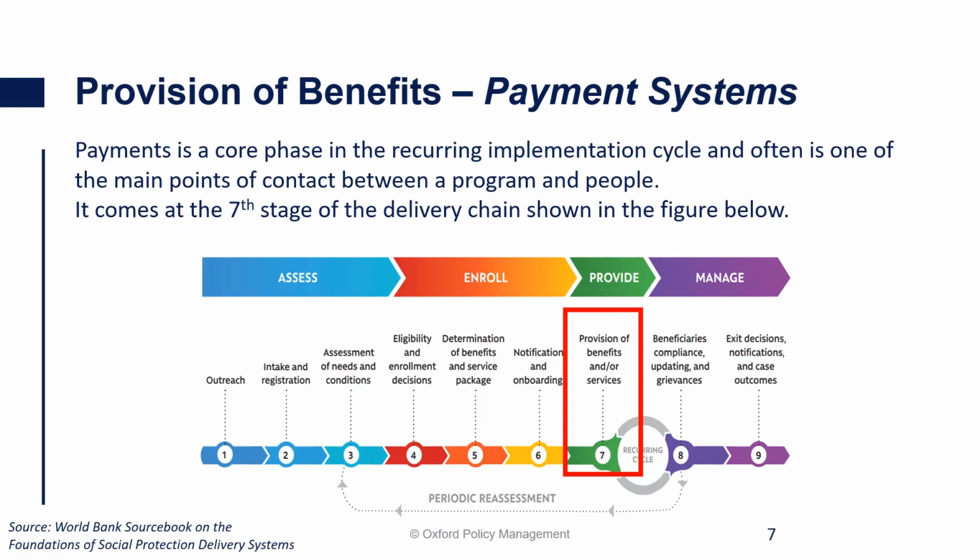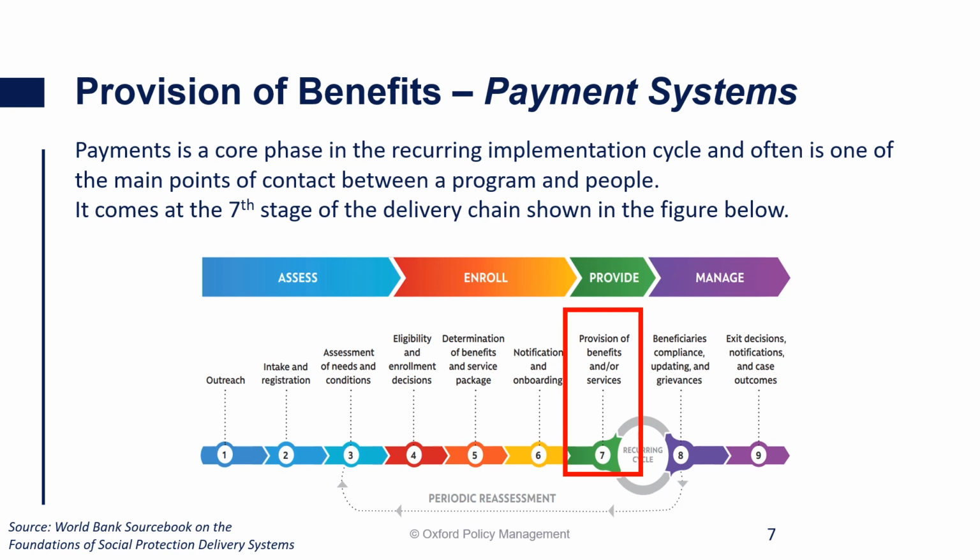So, a bit of introduction about the payment systems. Provision of benefits and services is a key stage of the delivery chain, as you can see in this figure given on the slide. This module focuses on different mechanisms of provision of benefits. Payments is a core phase in the recurring implementation cycle, and often it's one of the main points of contact between a program and the people.